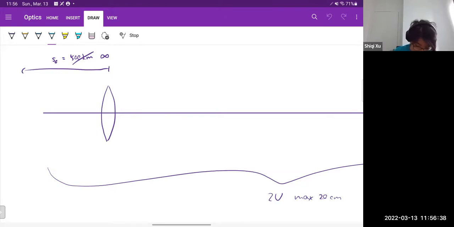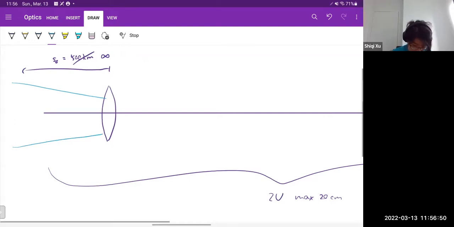We can have light coming from, let's say, up here. We can have light coming from down here. Those are not parallel, but the thing is, how should I draw this?